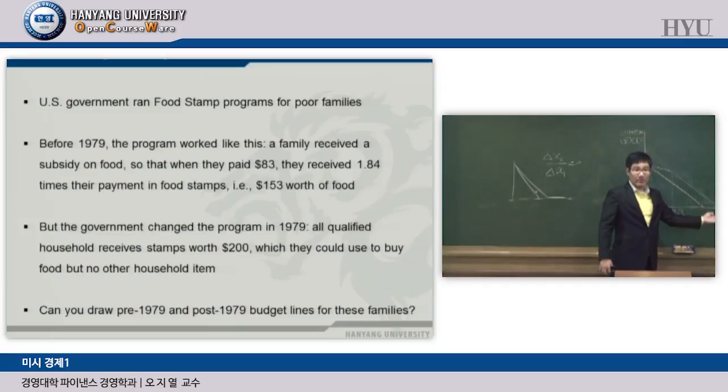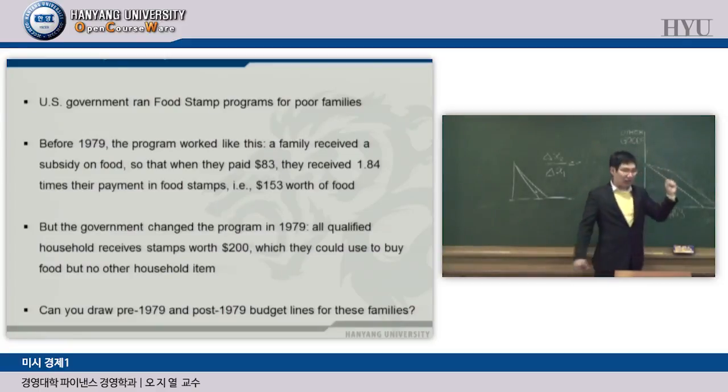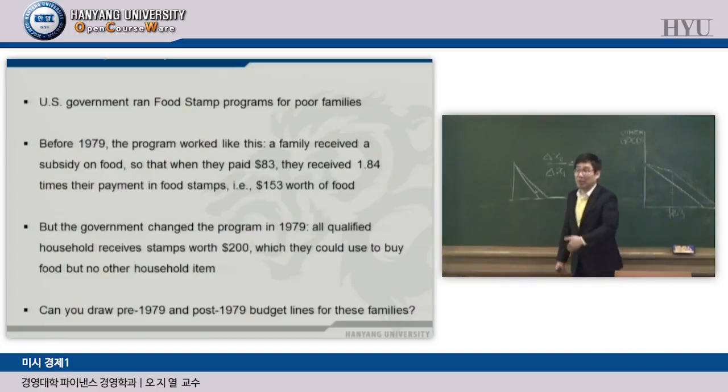Yeah? I'll go over this once again, okay? If you don't use the subsidy, you're as well off as before. It doesn't matter. 안 쓰면, 식료품에 돈을 안 쓰면 상관이 없어요. Then, for the first $83, you're going to use up your subsidy, and that will allow you to get more food than before.